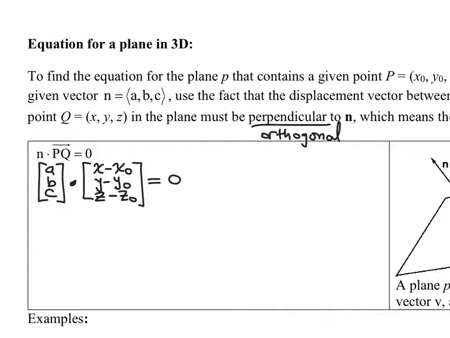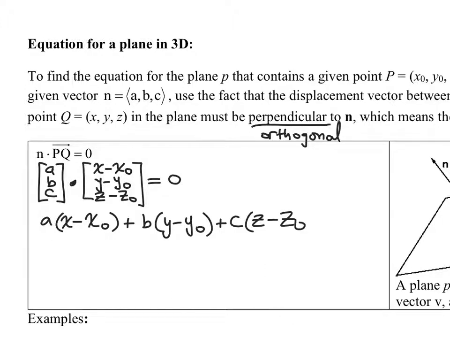All right, so I'm going to dot A against x minus x sub o, plus B multiplied by y minus y sub o, plus C times z minus z sub o, and the result will be equal to 0.